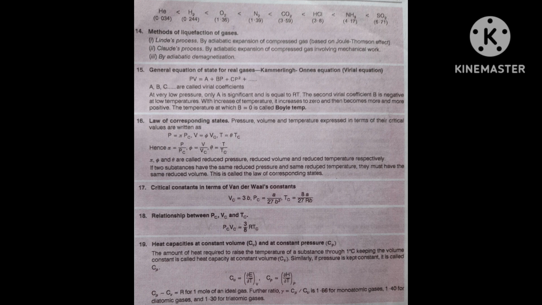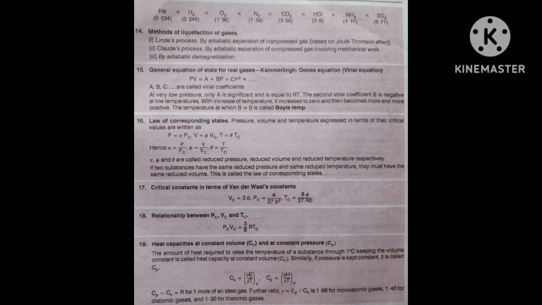Now the next term is the law of corresponding states. Pressure, volume and temperature are expressed in terms of their critical values and are written as P is equal to pi into Pc, V is equal to phi into Vc, and T is equal to theta into Tc.